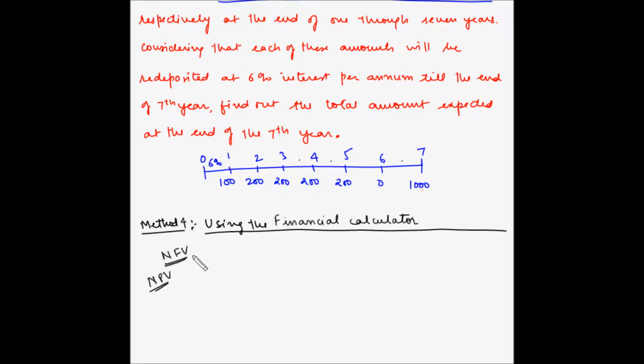However, even if your calculator does not have the net future value feature, we can use the net present value to find its net future value. So let's understand this. So let's take a case of cash flows.